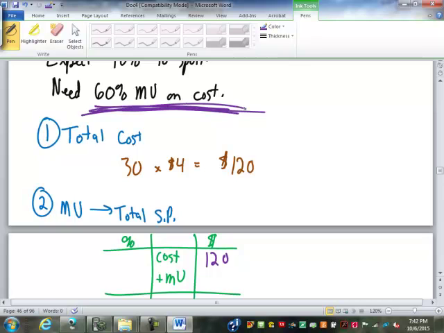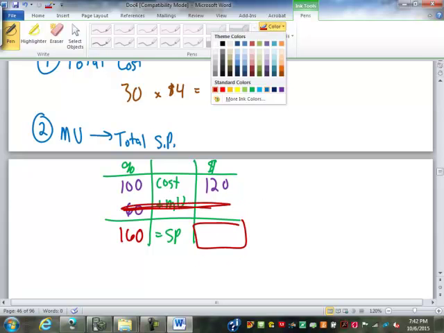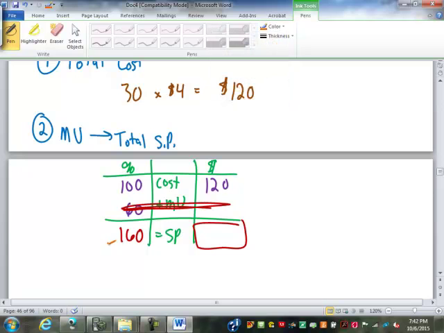Markup is 60% on cost. So that tells us 100% goes on the cost, 60% on the markup, 160 for the selling price. And we were looking for the dollar amount of the selling price. So 160 times 120 divided by 100, which is going to give us, is it 192? It's $192.